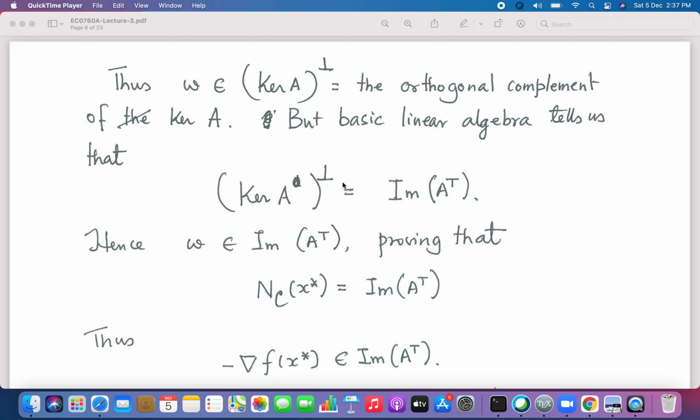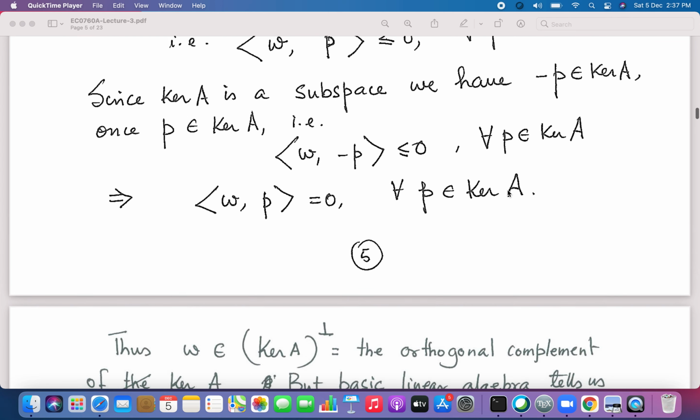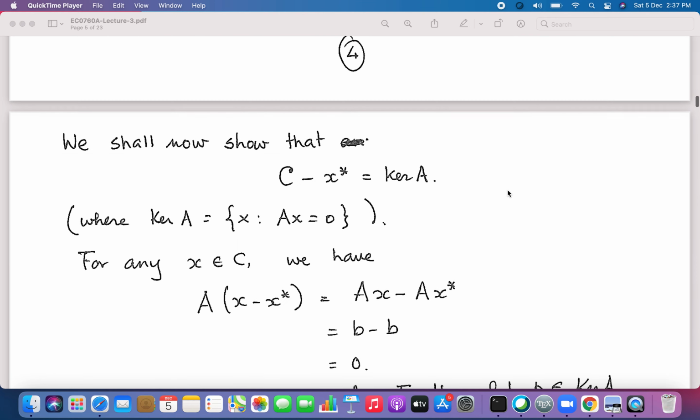So the kernel of A is a subspace, its orthogonal complement is also a subspace, and that is exactly equal to the image of A transpose. This is basic linear algebra. This is something we want you to know, because this is a graduate course, and so with this knowledge, let's now start understanding the proof.